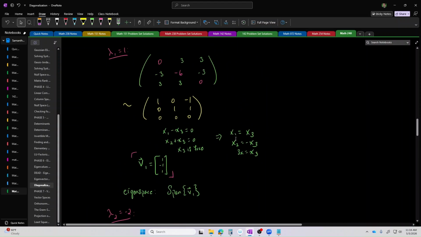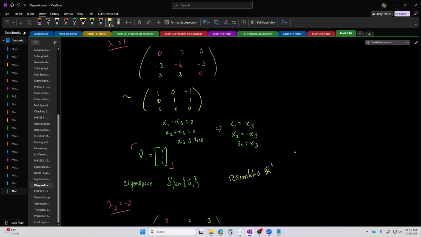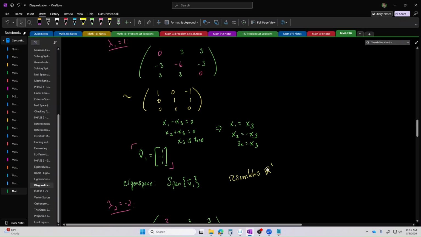In this case, the eigenspace was spanned by a single vector, so it resembles R1. If you look at the eigenspace graphically, it's going to look like a straight line, like just the x-axis, the set of one-dimensional vectors. So this eigenspace is a vector space resembling R1.